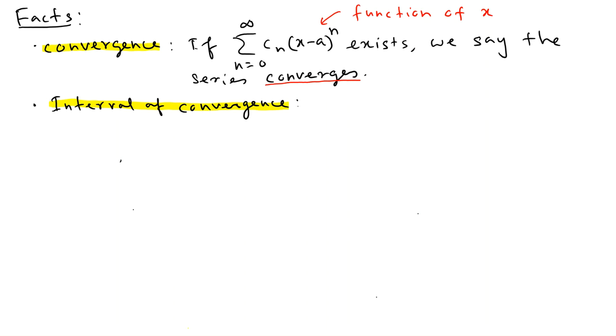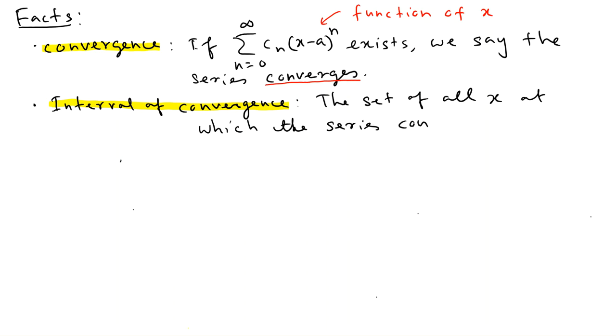The interval of convergence is what we normally define as the set of all x at which the series converges. Later you'll remember that there are three cases, and in those cases it's always an interval.